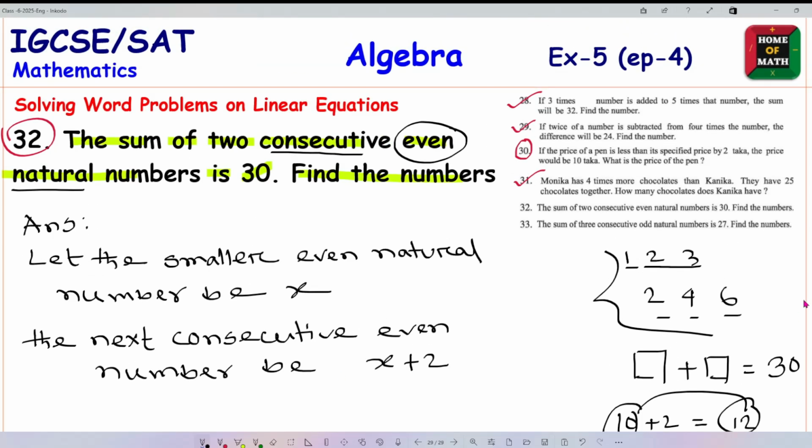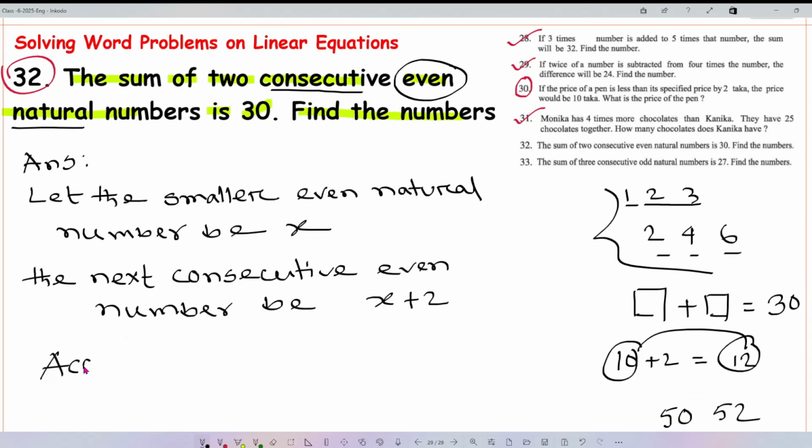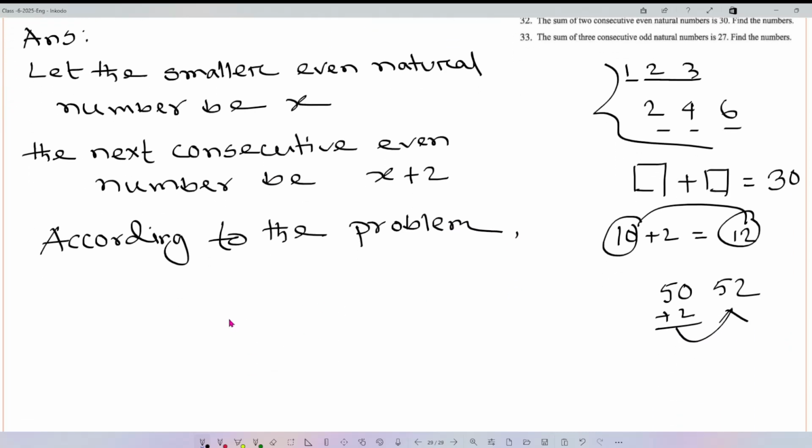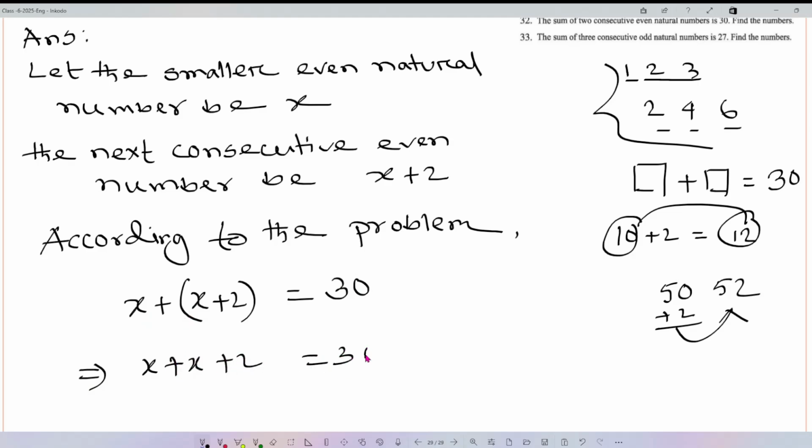Now according to the problem, it mentions the sum, meaning we add the two consecutive numbers: x plus x plus 2 equals what? Here it is 30. Then x plus x plus 2 equals 30.